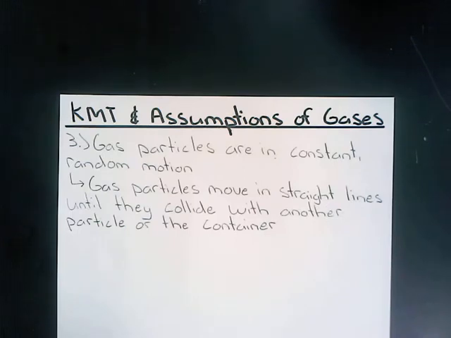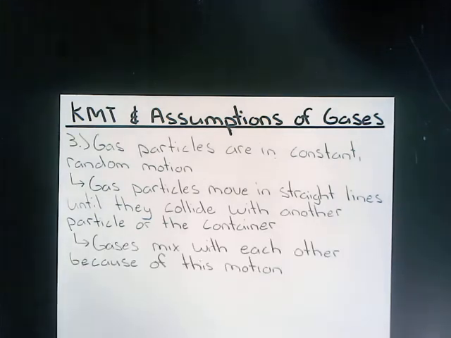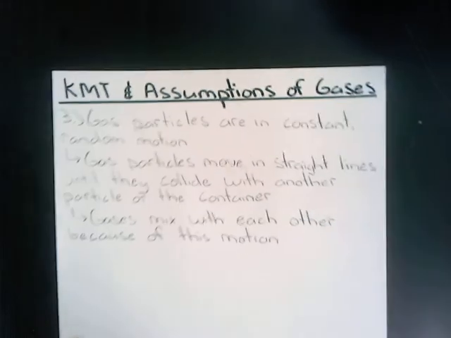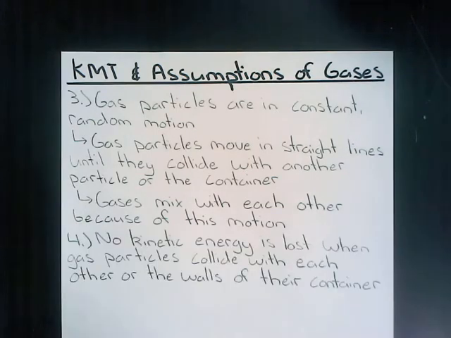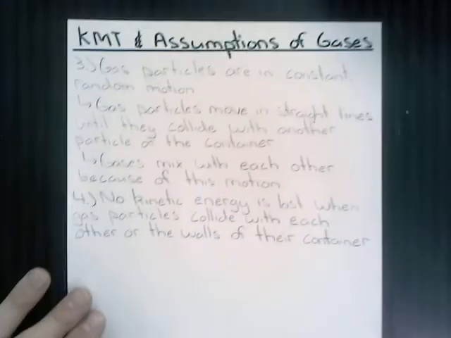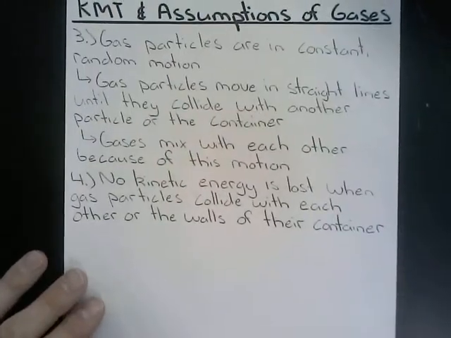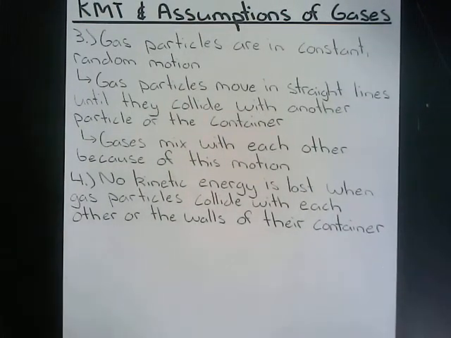And this assumption also leads to gases mixing with each other because they have this motion. Now, our fourth assumption is that no kinetic energy is lost when gas particles collide with each other or with the walls of their container. And so because those collisions do not result in a loss of energy, we consider them to be elastic.